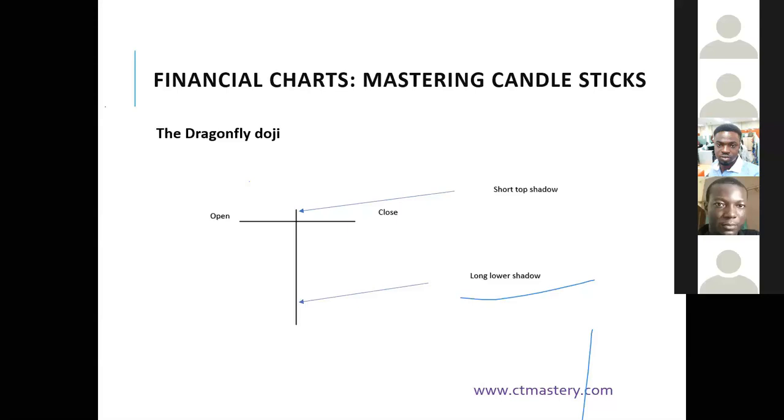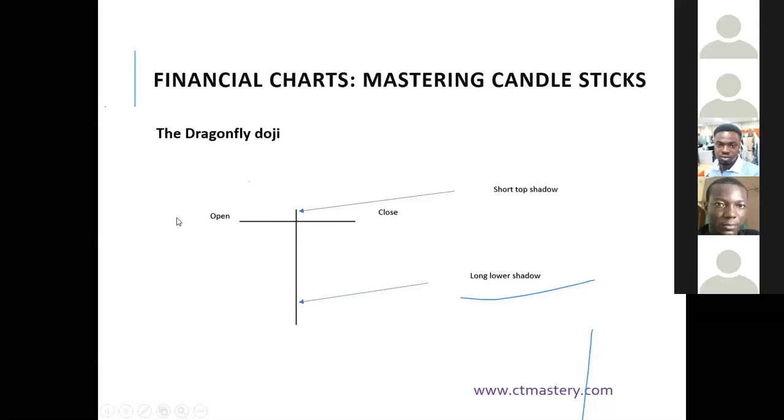Now, when the dragonfly occurs at the bottom of a downtrend, or in a key support area, it is a strong indication that the market is about to reverse to the bullish direction. Hence, it is called the bullish doji.